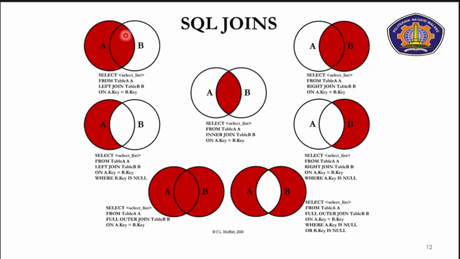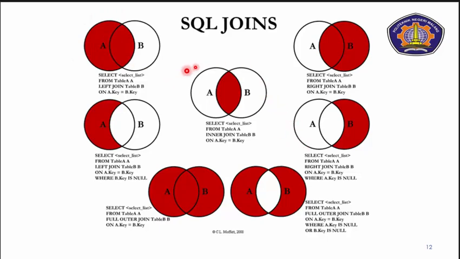The data selected is in this red color. For example, we have two tables, table A and table B. The select result with left join will just show us the data in this red part, which is the left circle of the total data.